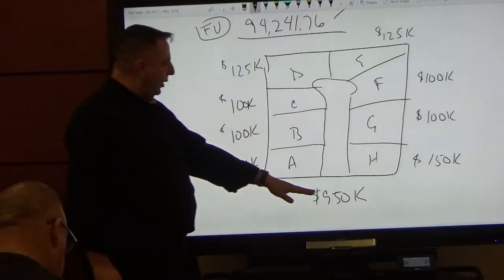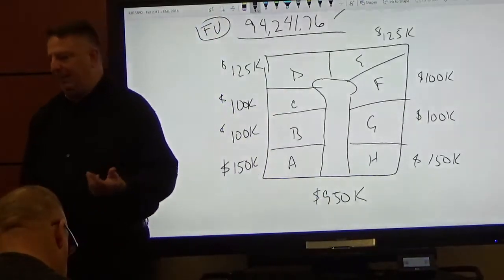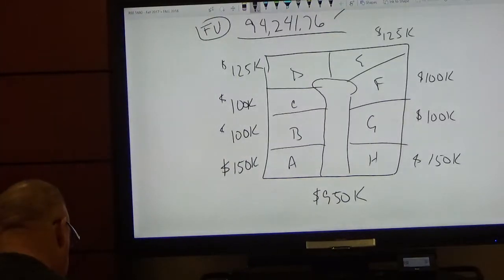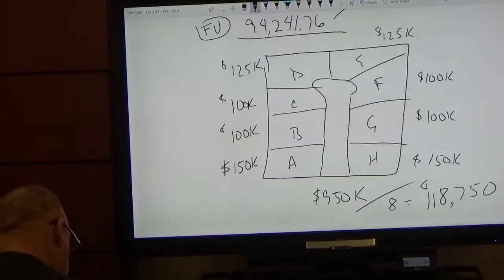While the overall value might be 950,000, that divided by 8 lots would mean the average price per lot would be $118,750.